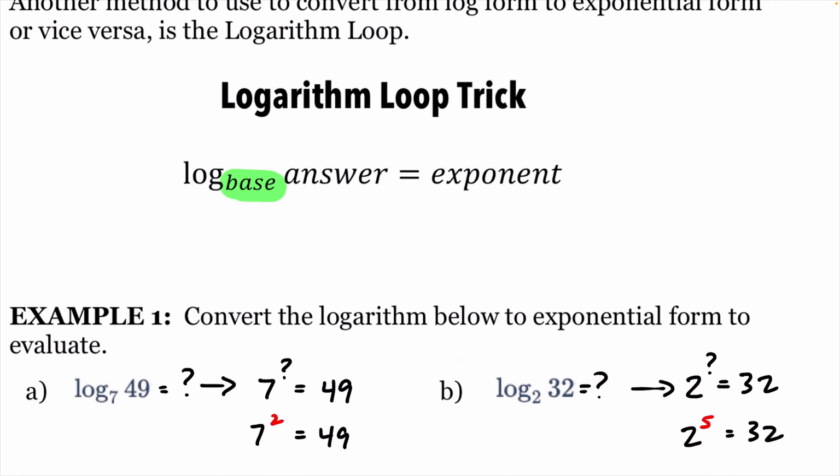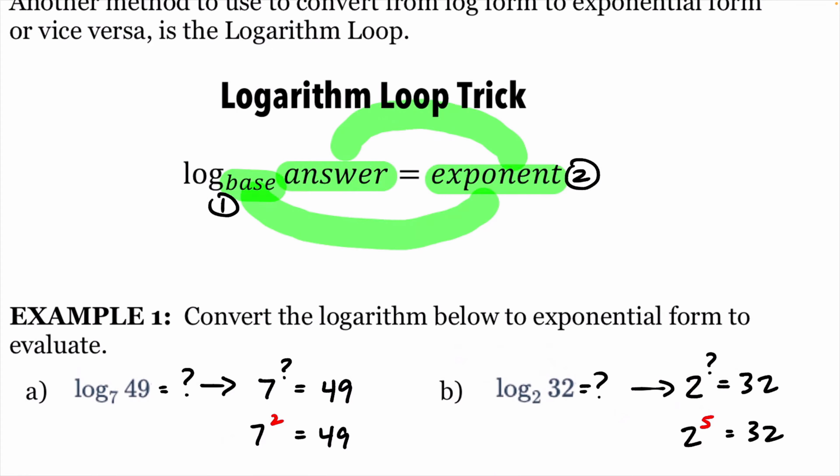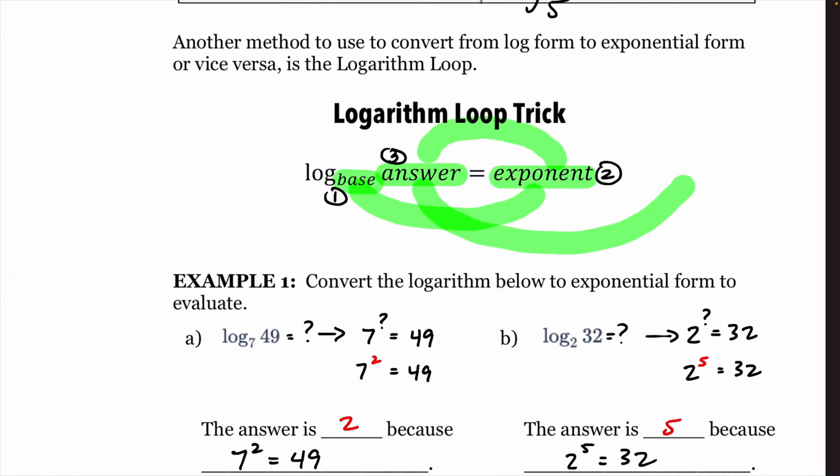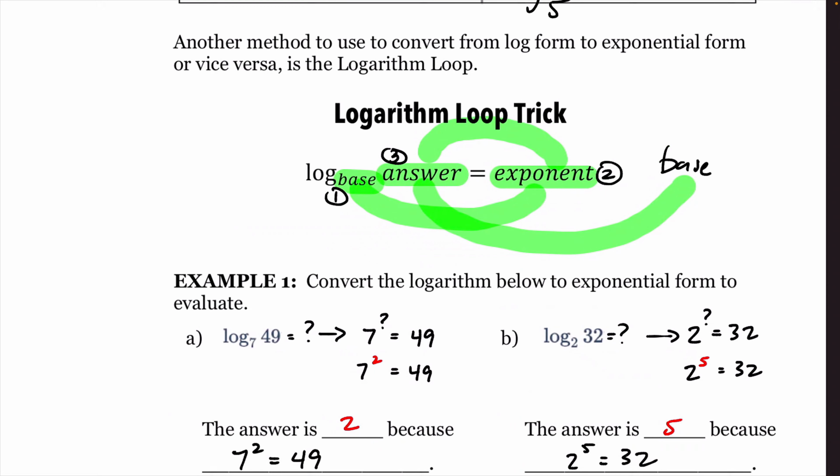So you start with the base. So you start here. And then I go to the exponent. And then I loop around to get to the answer. And then when I loop around, I rewrite it. So what did I hit first? I hit the base first, right? What did I hit second?